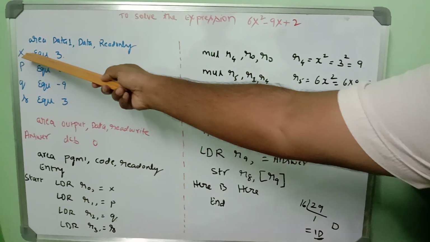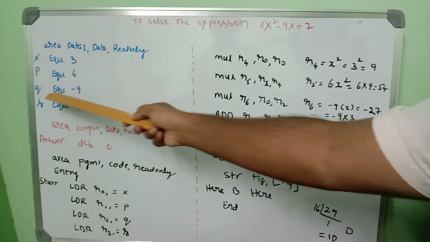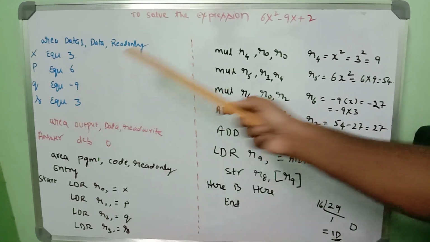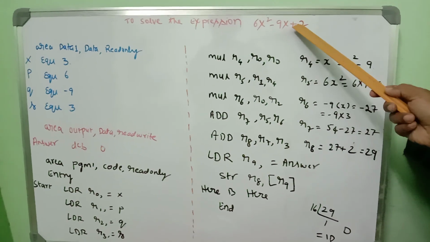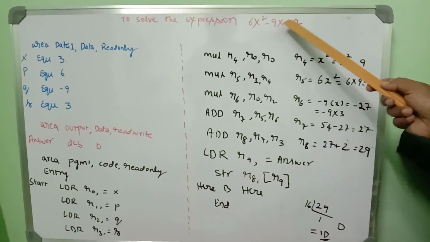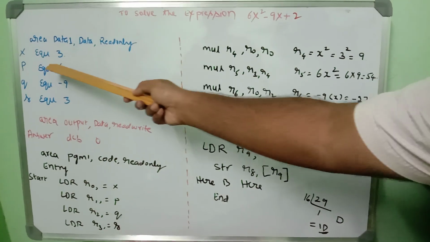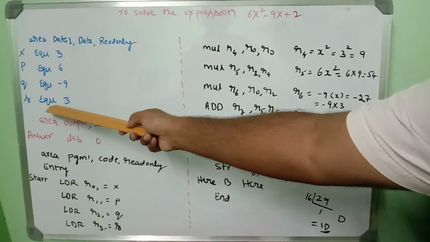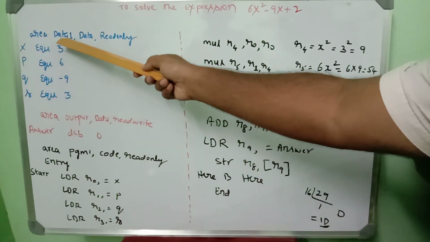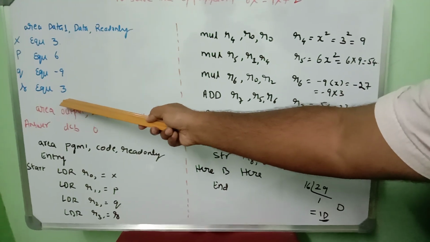Now I have used x equal to 3, p equal to 6, q equal to minus 9, s equal to 3, because in this equation there are 6x square, minus 9x, and 2. I have used EQU directives to define some constants with numerical values.